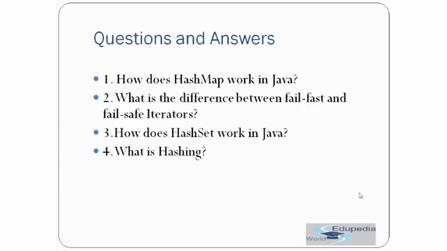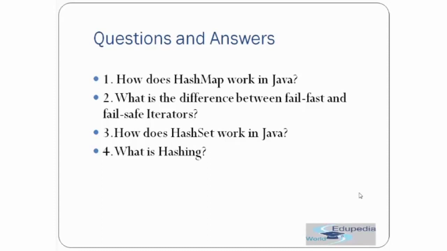And how it is actually implemented in HashMap is again through a hash code function. First of all, we calculate a hash code, and the hash code that we get from an object is passed to a hash function defined in the map interface, and this hash function will give you a hash value.